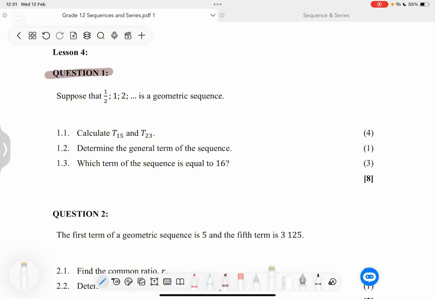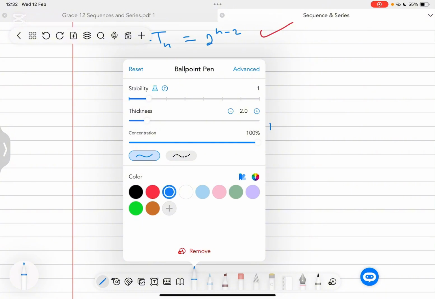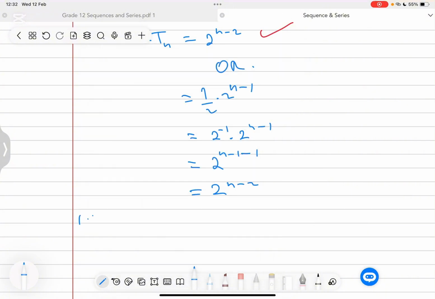1.3 says which term of the sequence is equal to 16. In other words, Tn is equal to 16. Which term is equal to 16? So what is the number of terms? In other words, we're looking for the number of terms.